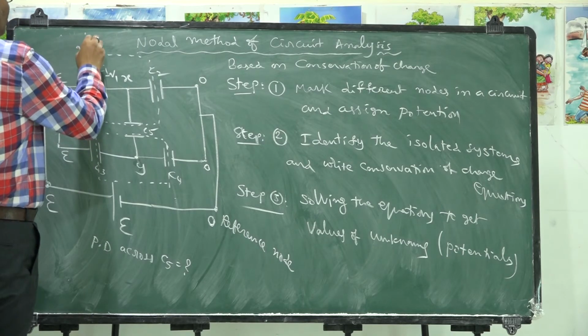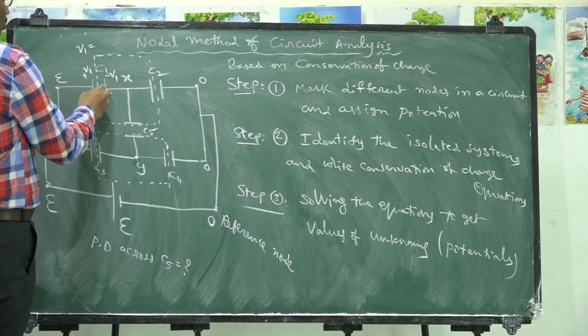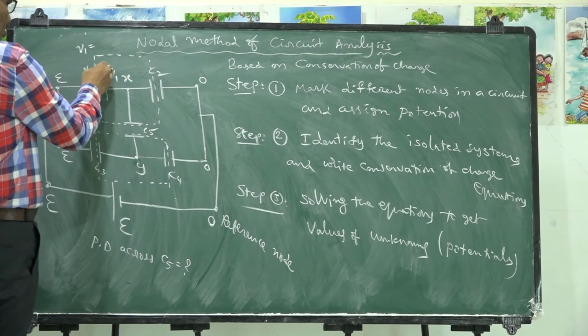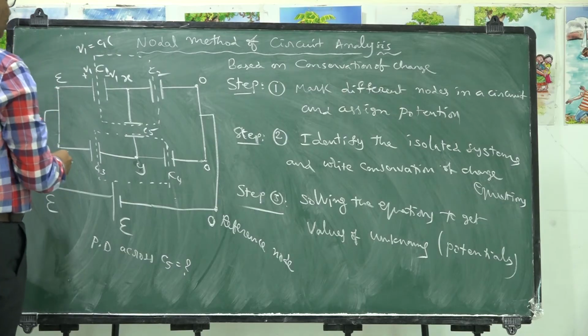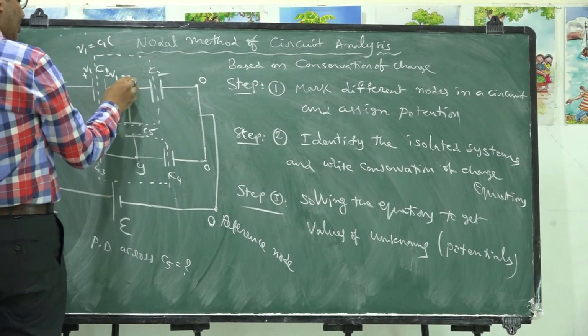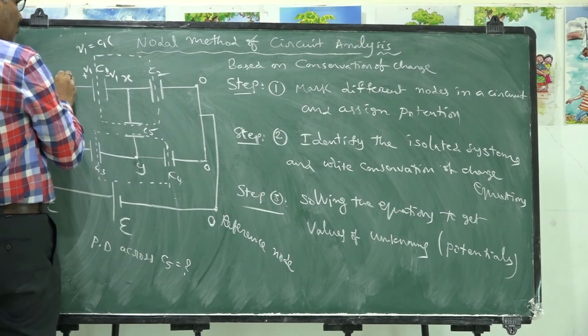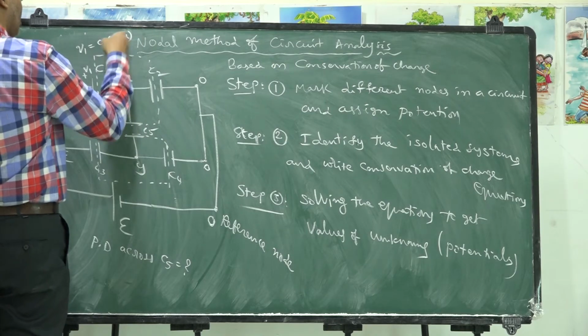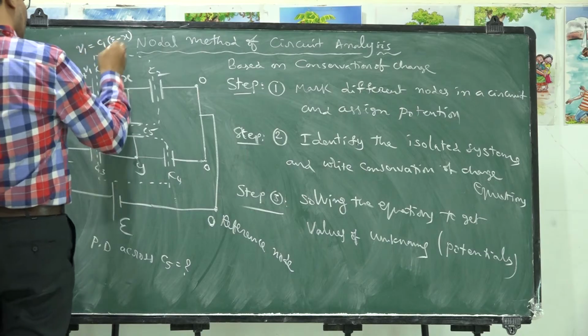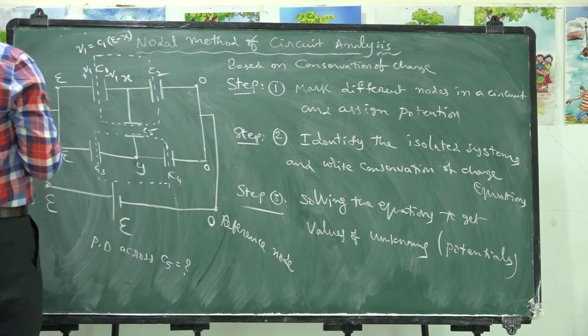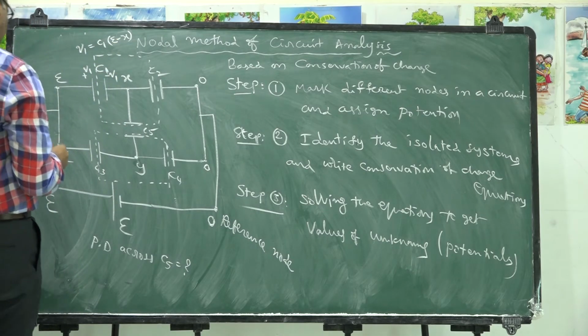Q1 is equal to capacitance C1 into potential difference between the 2 plates. This terminal is at X potential, this terminal is at E potential. So E minus X will be the potential difference. Hence the charge available on the first capacitor is C1 into E minus X.